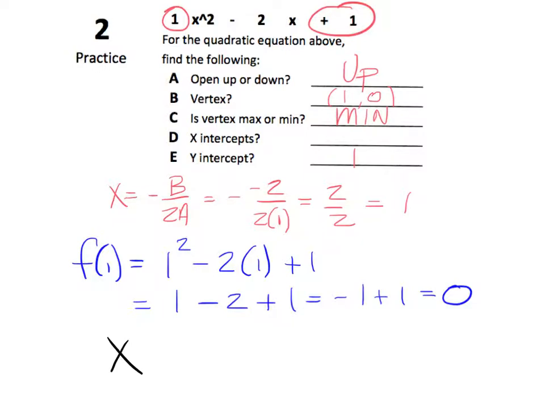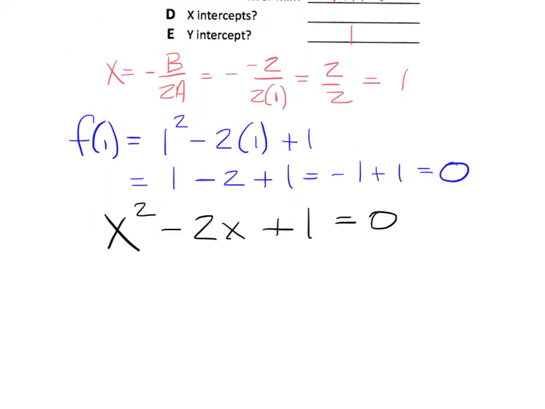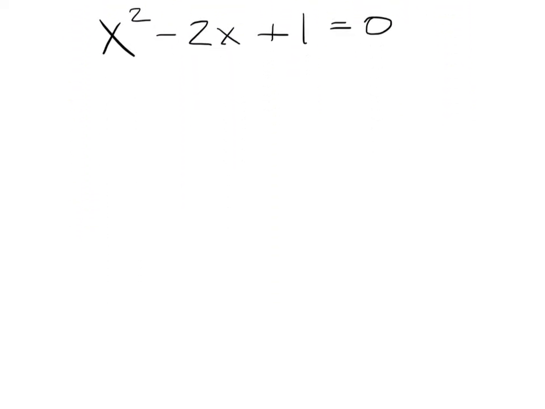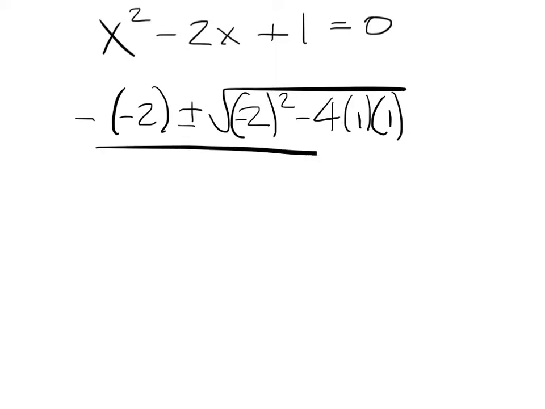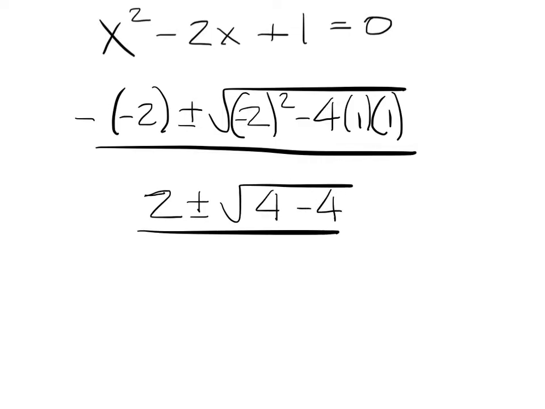You need to use x squared minus 2x plus 1 equals 0. And the quadratic formula. So negative 2 plus or minus the square root of negative, quantity squared of negative 2, close the quantity, minus 4 times 1 times 1. So we come up with positive 2 plus or minus the square root of 4 minus 4, and all of that over 2 times 1, so that would be 2.